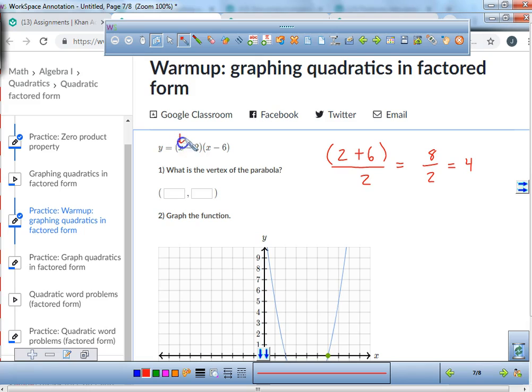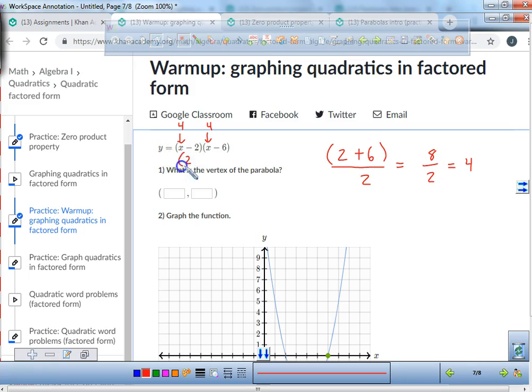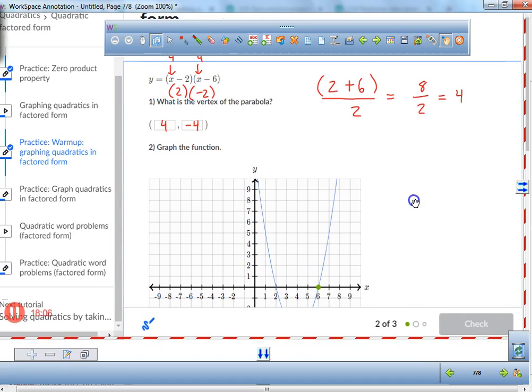So what do I have to plug in right here? I have to plug in a 4, and right here I have to plug in 4. 4 minus 2 is 2. 4 minus 6 is negative 2. 2 times negative 2 is negative 4. So it's going to be 4 and a negative 4.